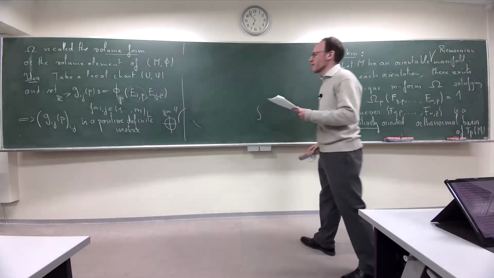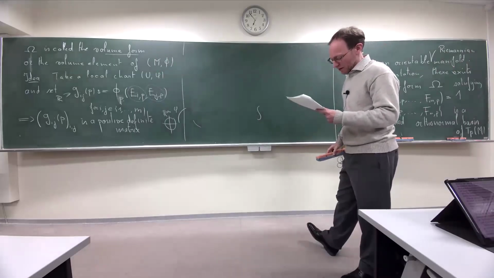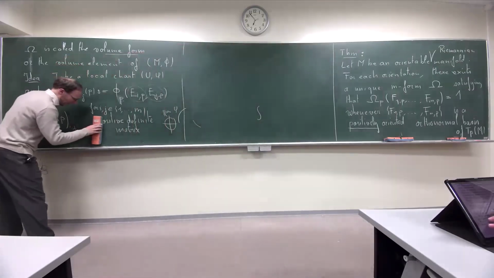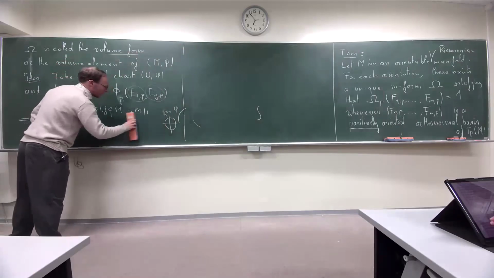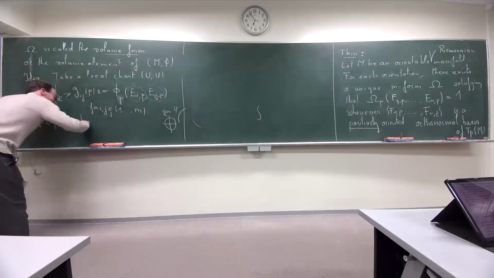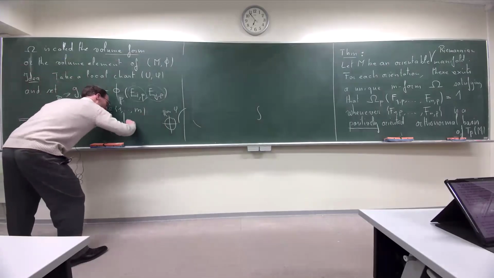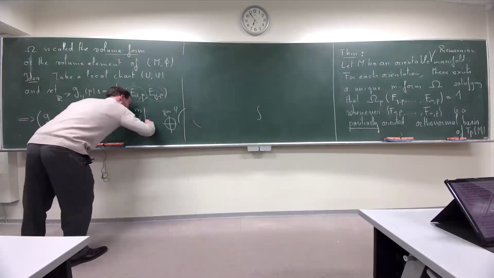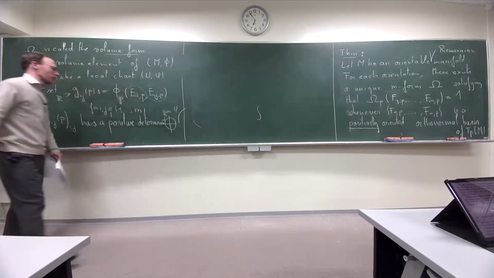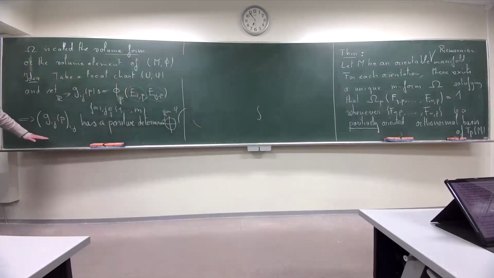Wait, probably I'm saying something wrong. Sorry, I said something wrong. This matrix has a positive determinant, which is true for a positive definite matrix, but you can have matrices which have a positive determinant which are not positive definite.